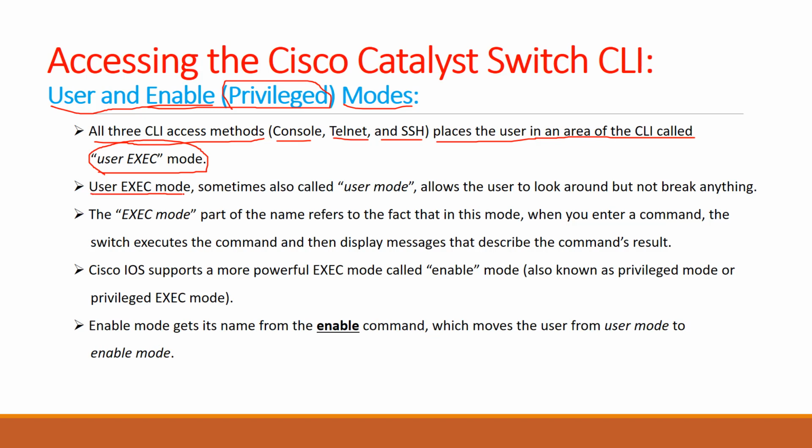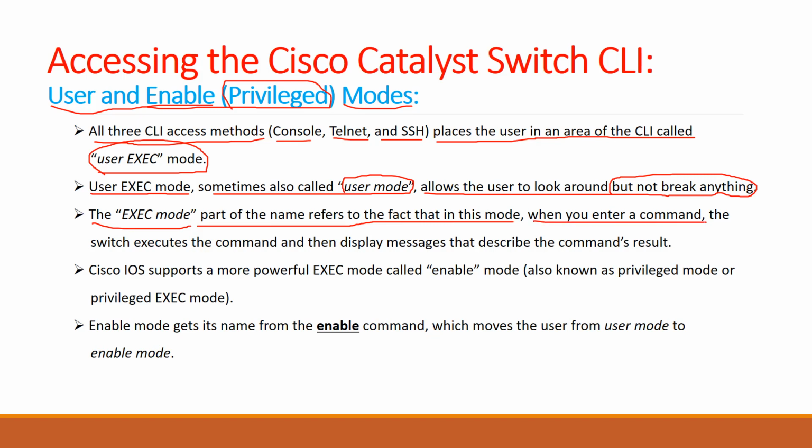The user execution mode, sometimes also called user mode, only allows the user to look around but not break anything. Just to look around. The execution mode part of the name refers to the fact that in this mode, when you enter a command, the switch executes the command and then displays messages that describe the command's result.